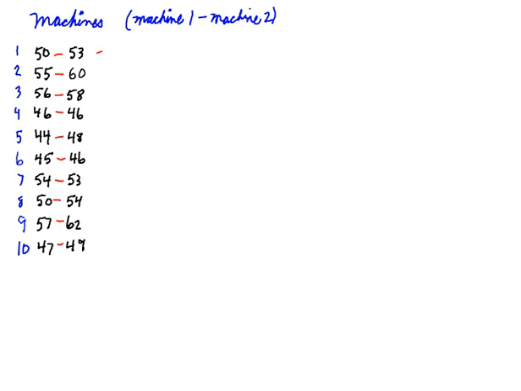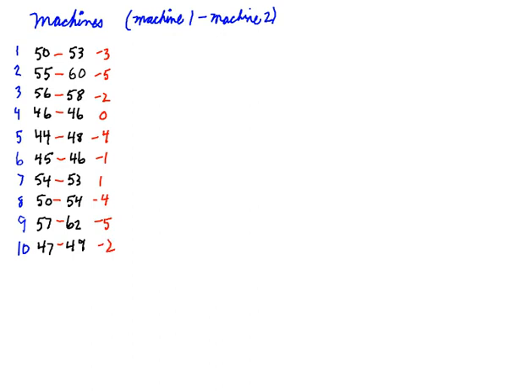I get difference data: -3, -5, -2, 0, -4, -1, 1, -4, -5, and -2.